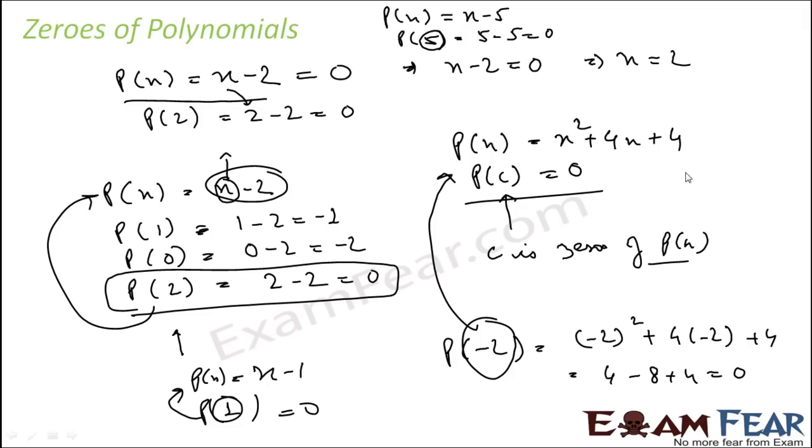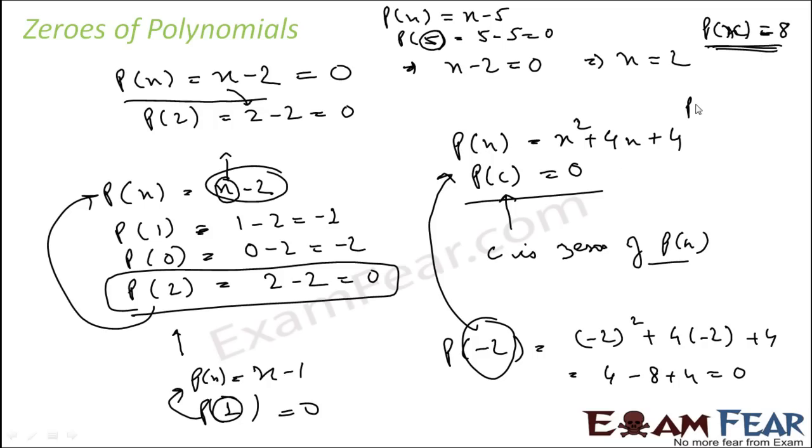There are some polynomials, for example p(x) is equal to 8, let's suppose. This will never have any zero, because for any value of x this will not become 0, since there is no x here. This is also a polynomial, for information, but this kind of polynomial will never become 0.